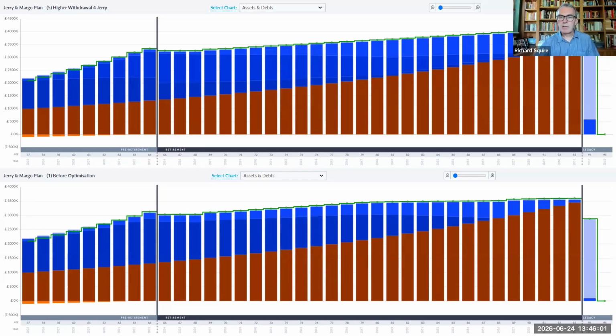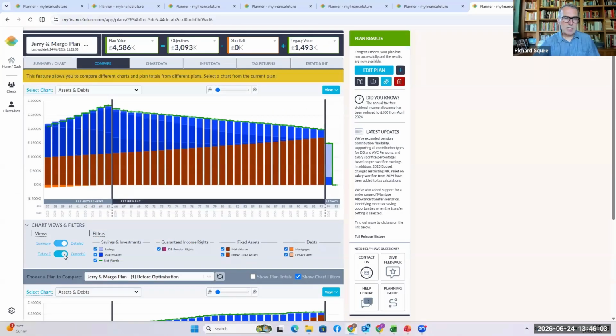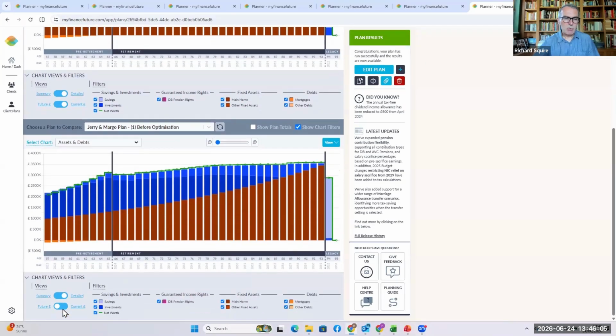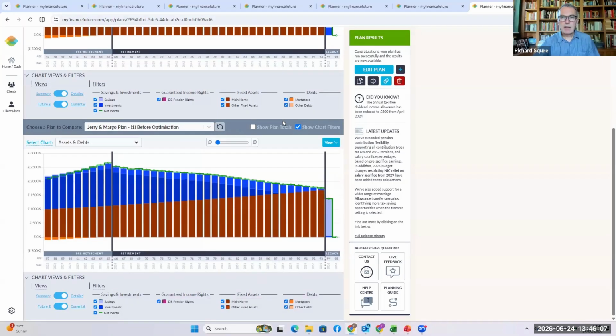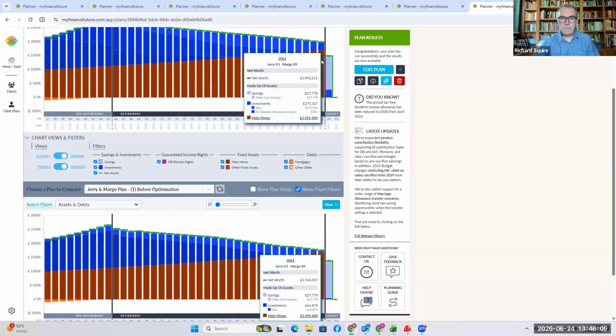So if we change that to current pounds so it's a bit more meaningful, we'll see that the difference is £272,000 of ISAs or investments at the end of the plan in the new version versus 45,000 where we started. So about 30,000 of improvement before IHT.